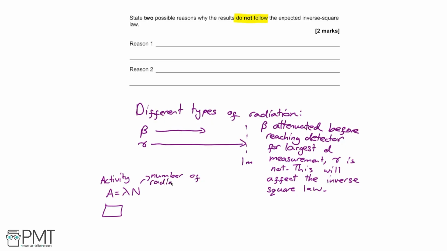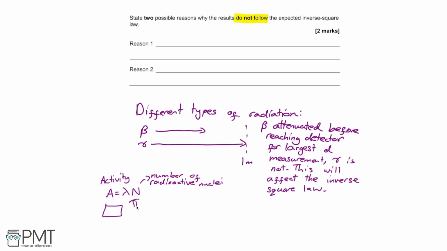The point being that here, if the number of radioactive nuclei changes while the measurements are being taken, then the activity will be affected, and this will in turn affect the count rate. Therefore, in order for these measurements to give us an inverse square law relationship, we need the number of radioactive nuclei to remain about the same throughout the entire experiment. If it decreases significantly, then our count rate will be affected.